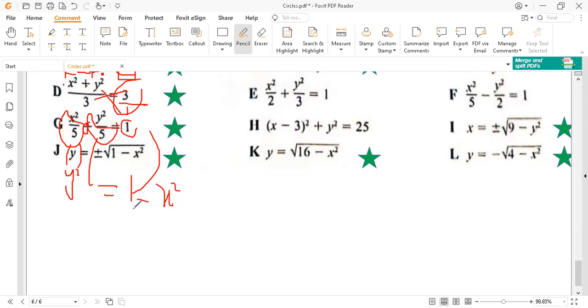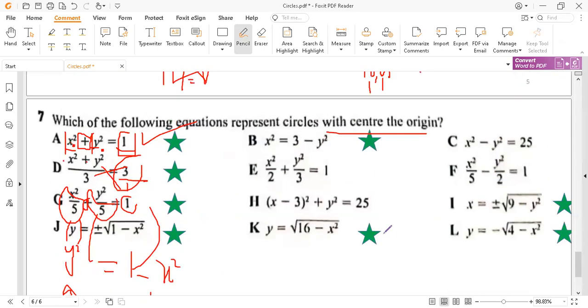So if we rearrange our equation to obtain x squared plus y squared equals 1, all is set. Good. So it is an equation of a circle. The same for this one. If we rearrange, we move minus y squared to the left-hand side and obtain x squared plus y squared equals 3, and 3 is positive, so it is logical to have r squared positive. So also it is an equation of a circle.